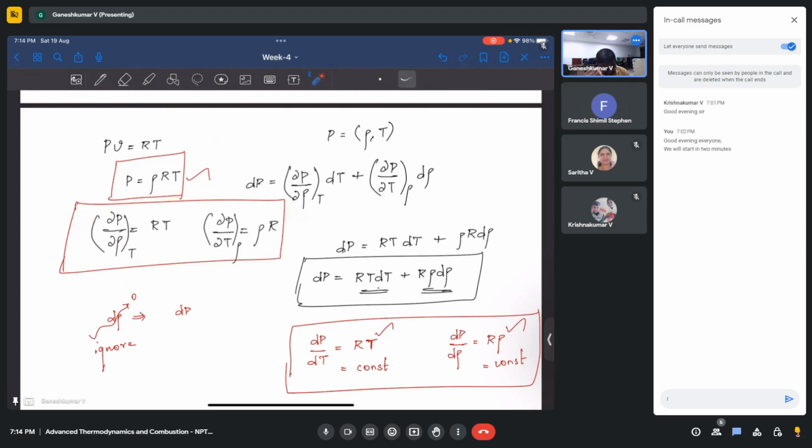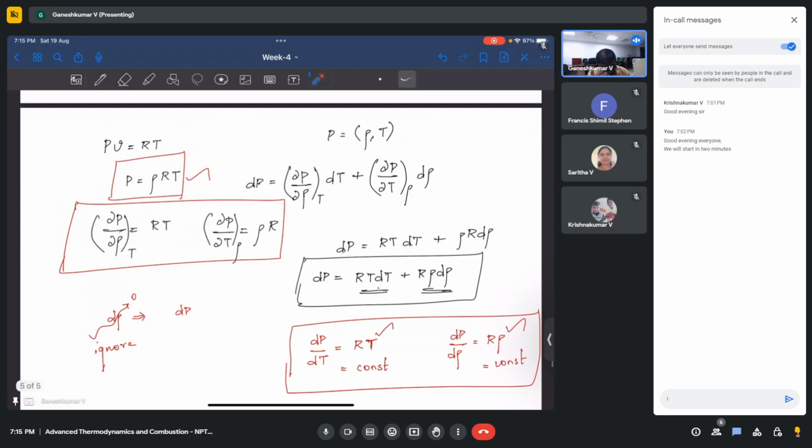So if you just focus on this, let's say for a small change in pressure, keeping temperature constant, the change in pressure is going to depend on R and T. So for a small change in density, the change in pressure is going to depend on R and T. So it is a weak function, but a strong function of temperature.